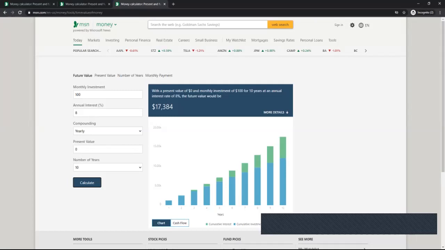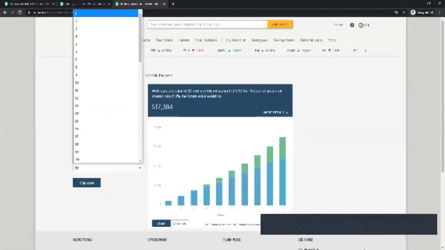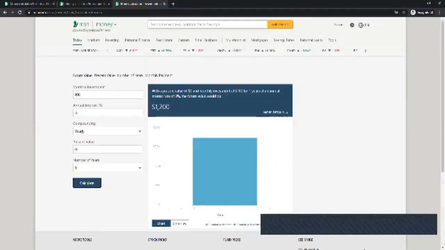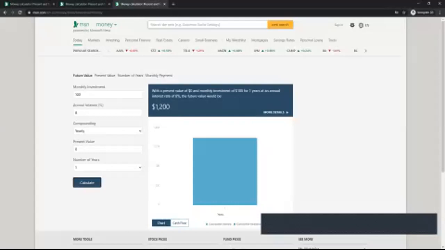$17,384. And that's because of the interest on this $100, interest on interest. So let's say you're only going to do this for 1 year. In 1 year, $100 every month, compounding yearly at 8%, is $1,200.